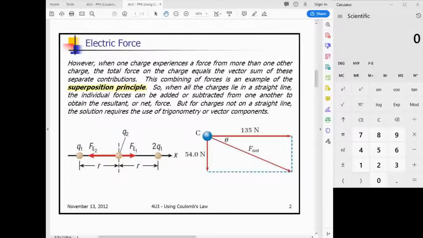So it's a superposition of all those forces together. Now, if these charges are in a straight line, this is a one-dimensional problem. We just add or subtract. But when we are involved in 2 dimensions, we have to do the vector addition, and you have to use some trigonometry or the Pythagorean theorem to end up determining what the net force would be.